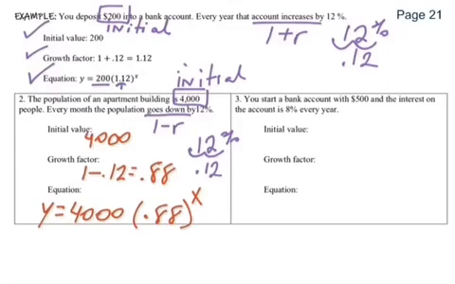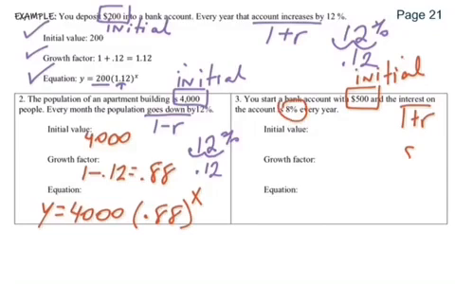For number 3, the bank account has 5,000, which is your initial amount. This is talking about interest, which is 1 plus R. And my percent is 8%, where I'm going to go 2 to the left for 0.08. My initial amount is 5,000.